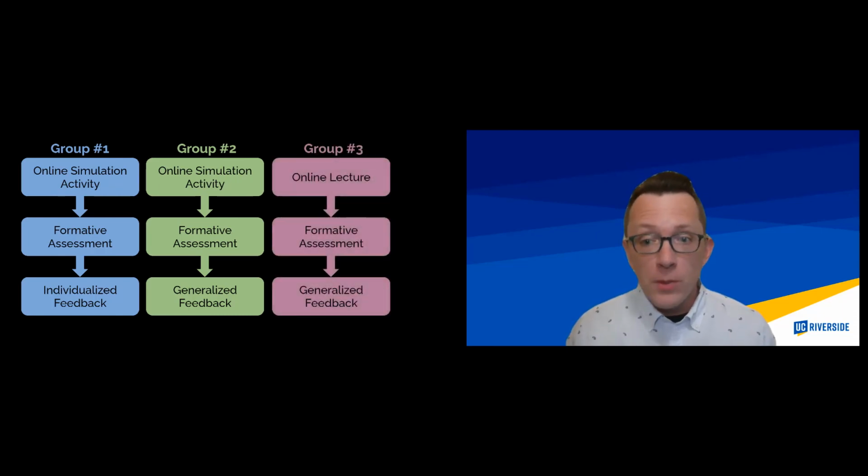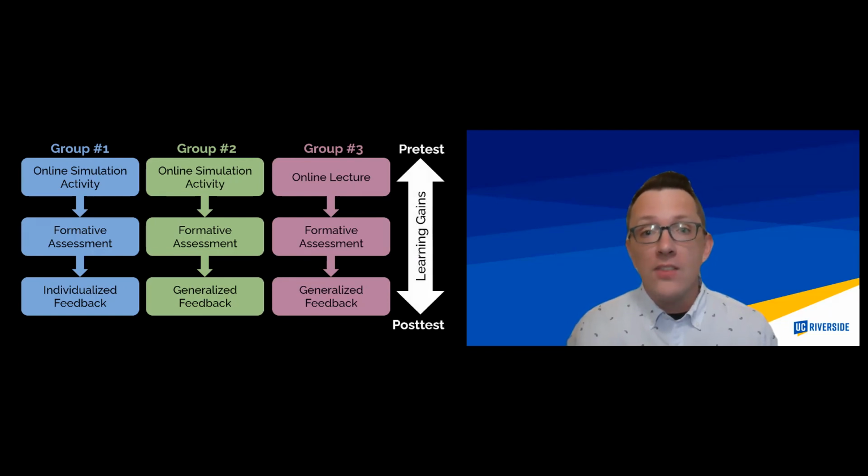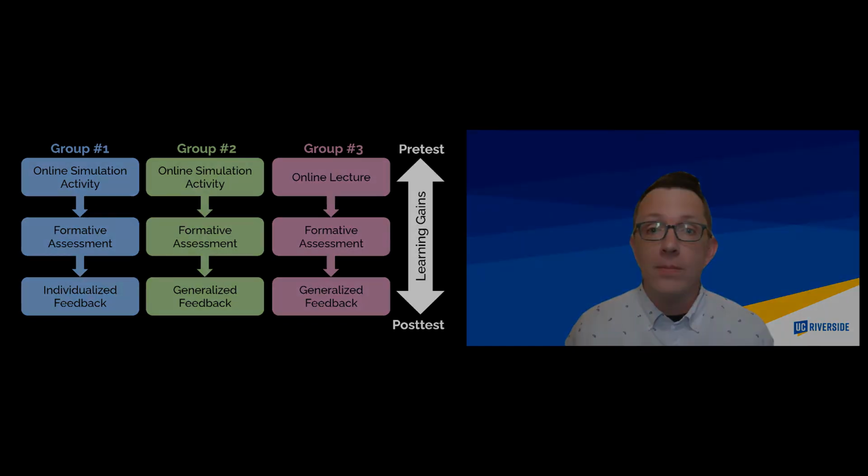In the last group, the students will attend a synchronous online lecture, take the same formative assessment, and receive generalized feedback on their answers. To measure learning gains, all students will take a pre-test prior to completing the online simulation and a post-test after completion.